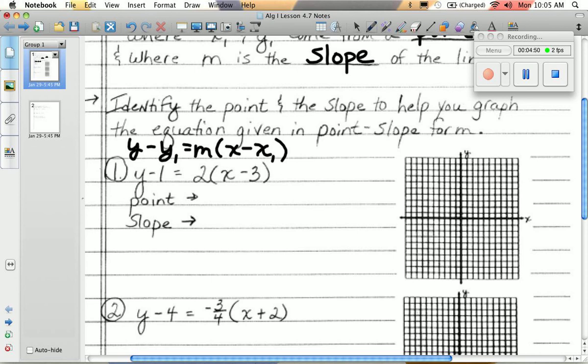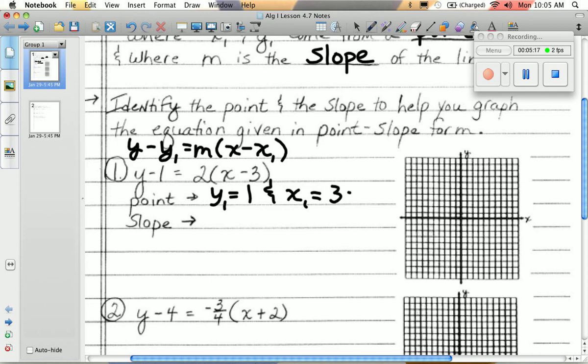Or in other words, what's our y sub 1? Is it negative 1 or positive 1? Yeah, our y sub 1 is actually 1. And our x sub 1 is actually what? 3.